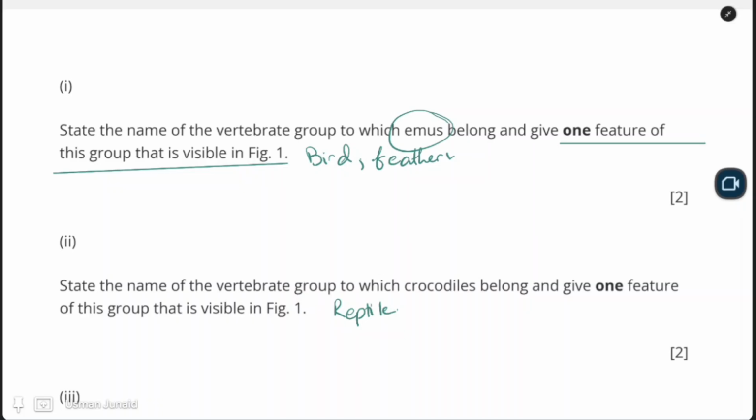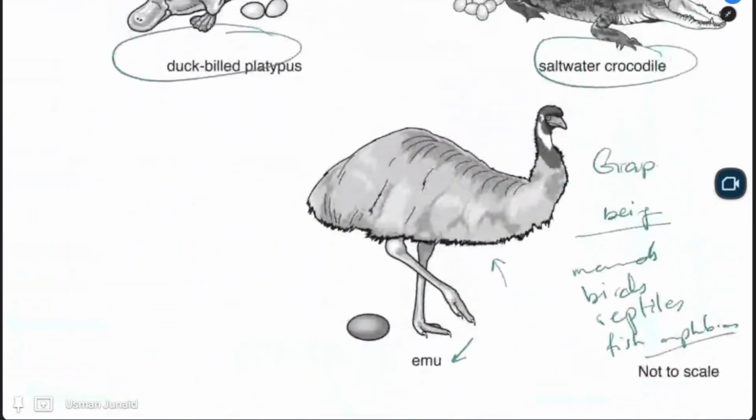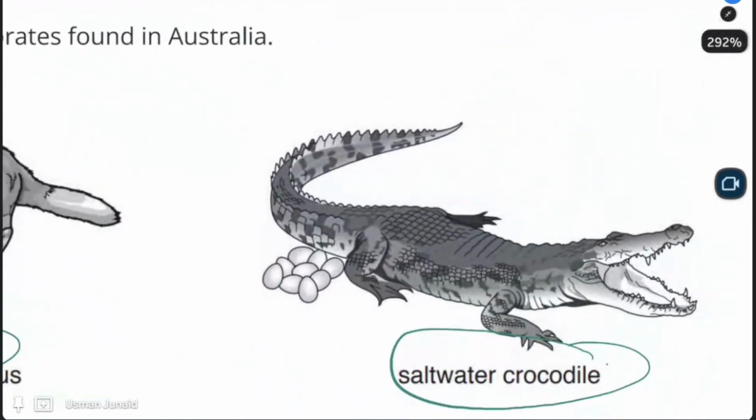They have a backbone. They have a backbone, but all of these have backbones, right? So it's already clarified that they're all vertebrates and they all lay eggs. So those two features we can't say, right? We have to look at the crocodile and say, okay, I can see that this is visible, and so therefore this is a reptile.